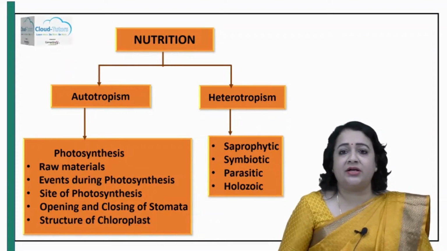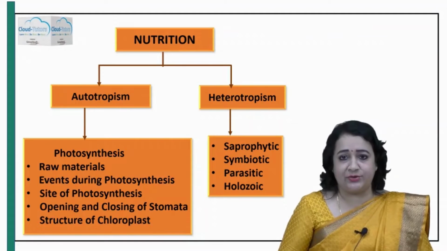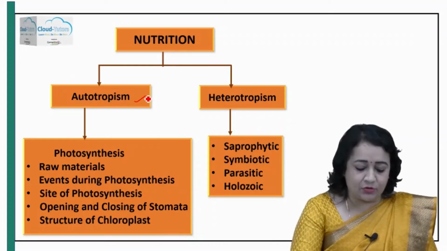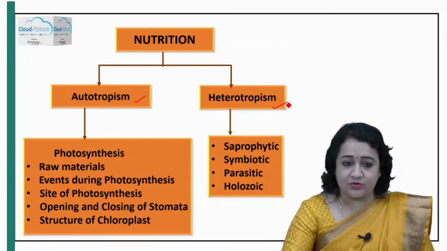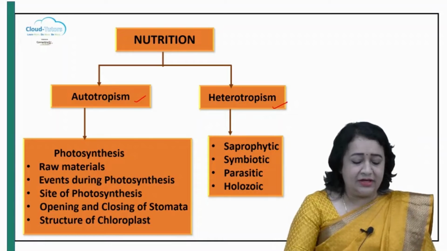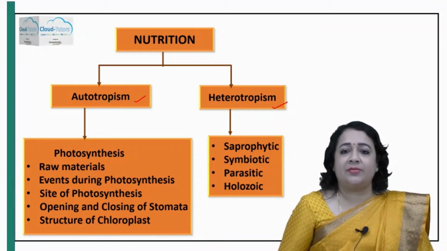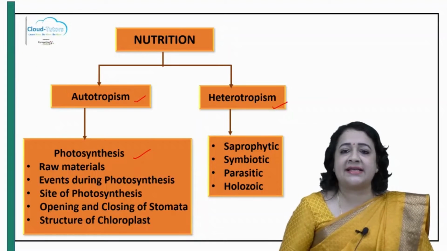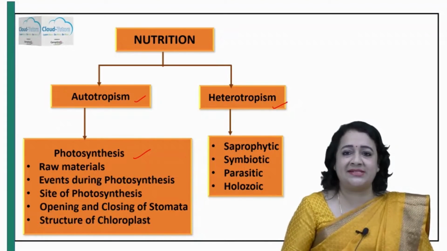So in the topic nutrition, what will we be studying today? Nutrition can be of two types, that is autotrophism and heterotrophism. In autotrophism, we will be studying about photosynthesis. So what exactly in photosynthesis will we be studying?